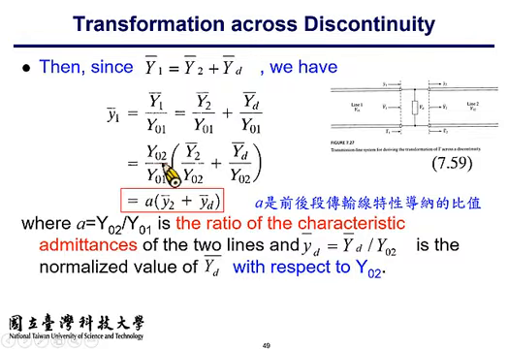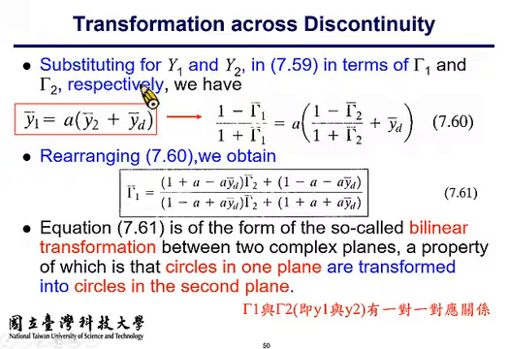So the ratio of y sub 02 over y sub 01 is the ratio A. That is the ratio of the characteristic admittances of the two lines. This can help to solve the problem in representing the normalized admittance at the two lines. So beware, you should be aware of the difference over here. If we continue this representation, we can further replace the normalized admittances lowercase y1 and lowercase y2 with the reflection coefficients.